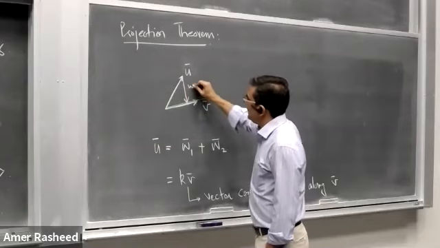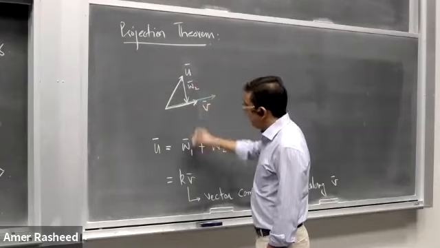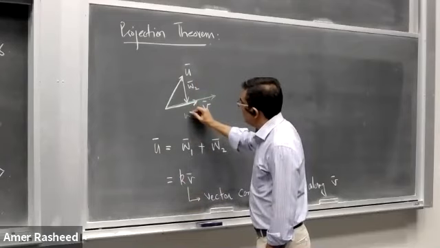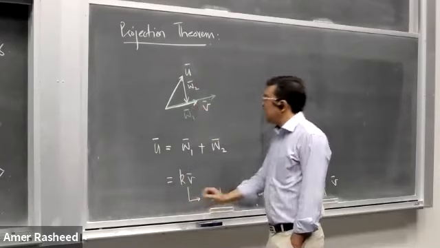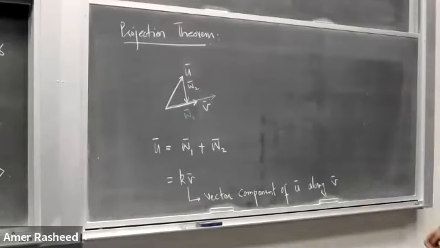This is your W2 vector, and this green one is your W1 vector. So this is what the projection theorem tells us.